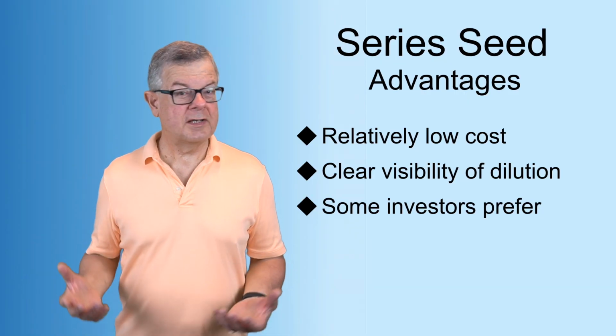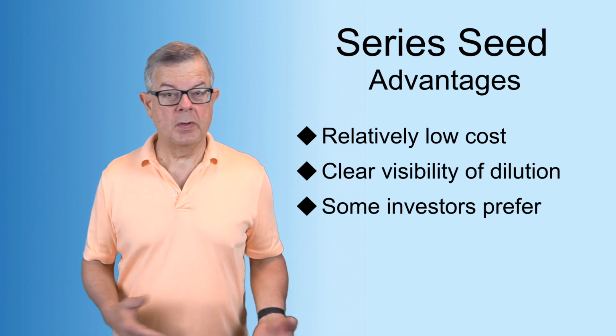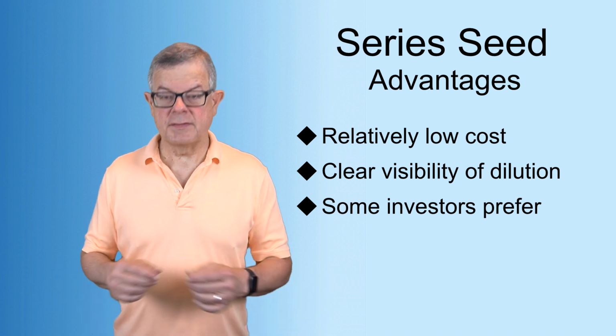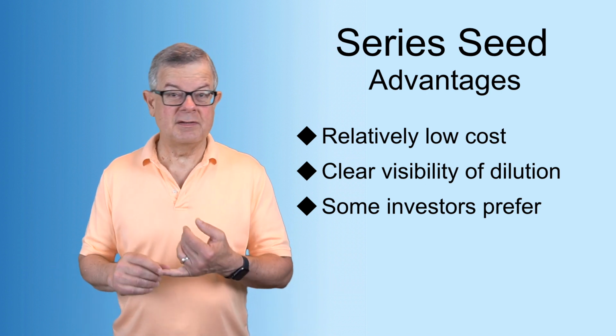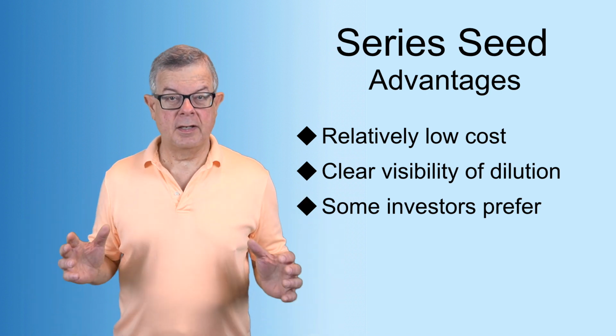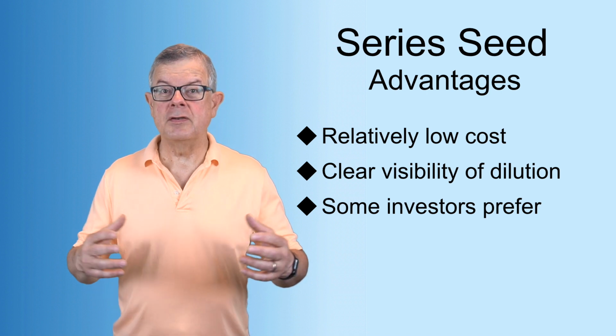So why would you want to consider a Series Seed investment as opposed to a convertible security, either a note or a SAFE? Well, there are some pluses. Like the convertible securities, it's relatively low cost because everybody's agreeing up front on the set of documents. It provides very clear visibility of what your dilution is.